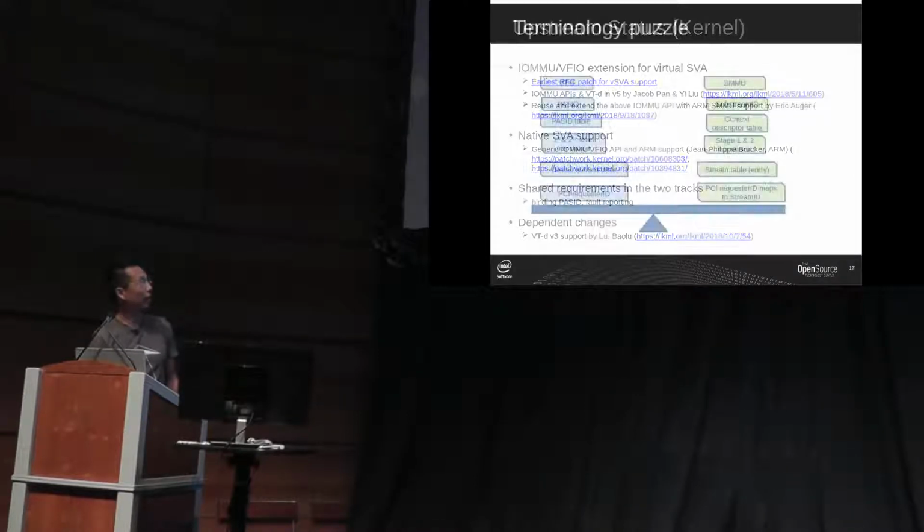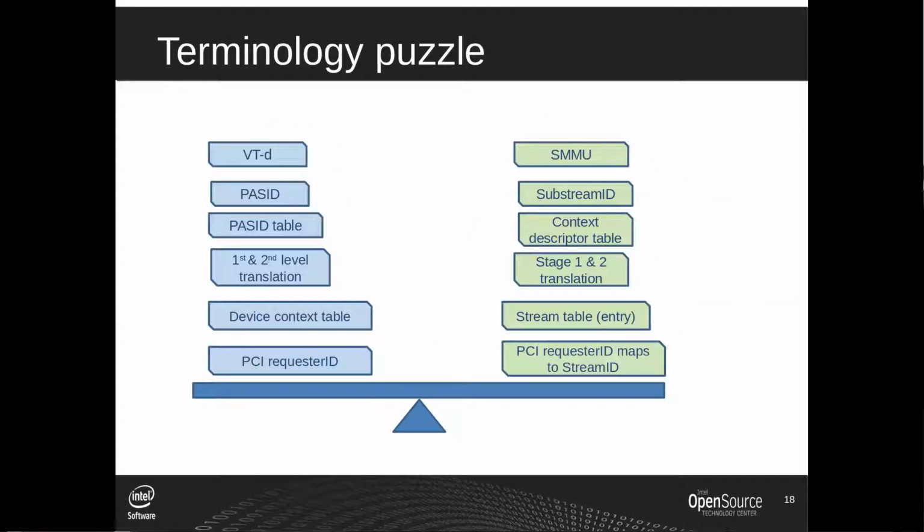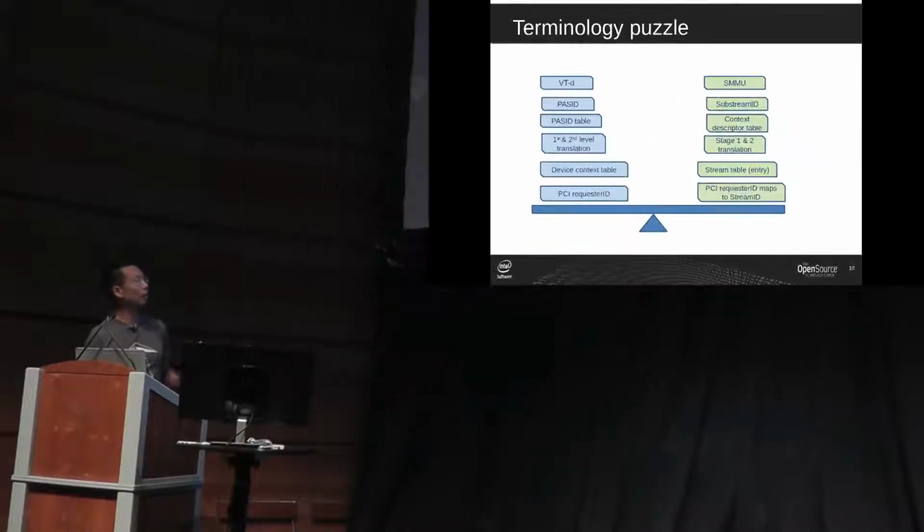If you get all excited about my previous slides and try to read about them, I'm sure you'll get confused pretty soon, because we have some really interesting terminology translation to be done here. On the left-hand side is VT-d. We have some really identical concepts, but with different names. So I'm trying here to balance it out. On the left-hand side is VT-d, we call it PASID, and on the SMMU it is called a stream ID.